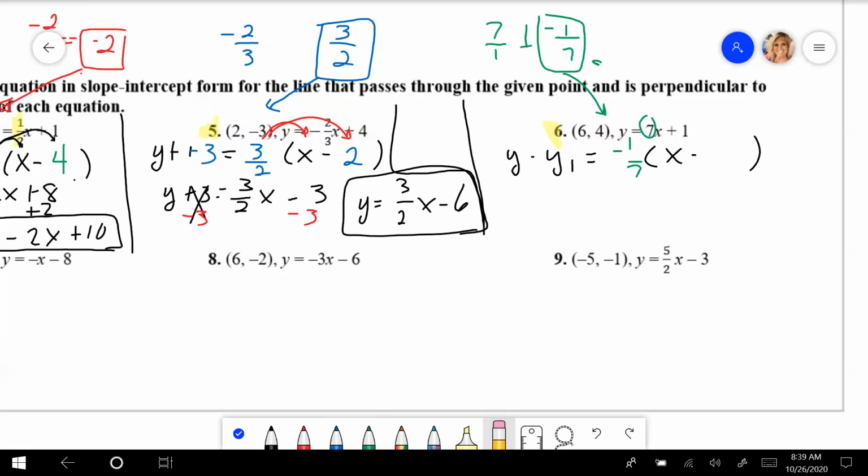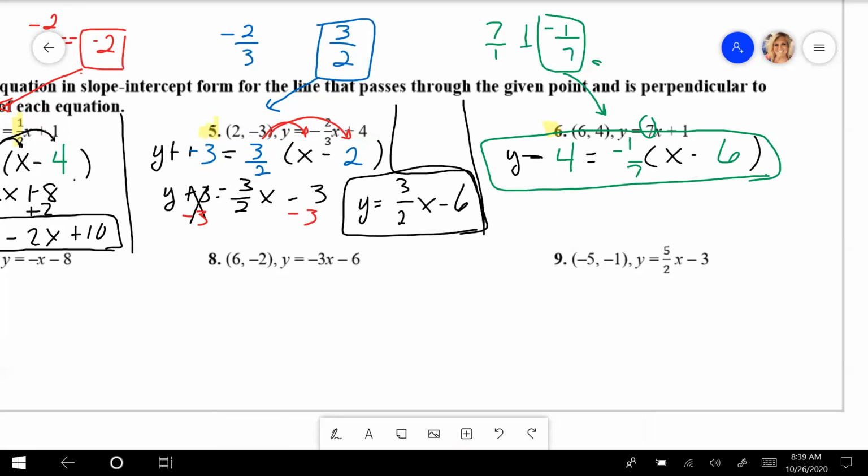The x number is going to be 6, and the y number is going to be 4. We're going to leave it in point slope form because it's not a very nice equation, and that's not really what we need to worry about right now.